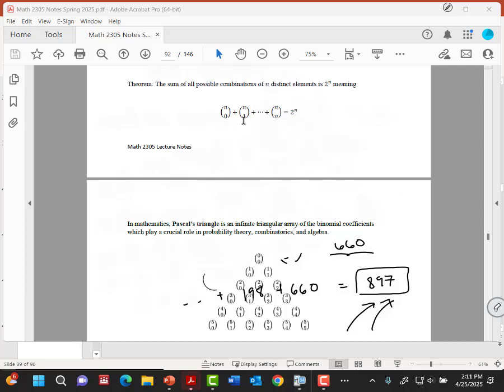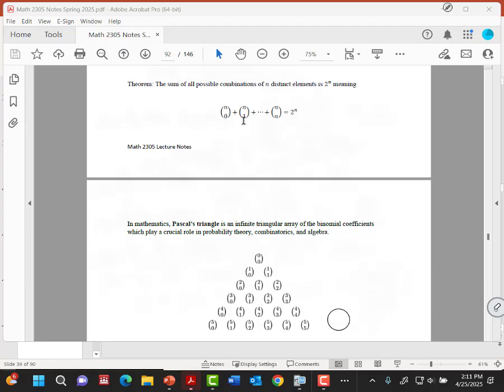So, theorem, the sum of all possible combinations of n distinct elements is 2 to the n, meaning n choose 0 plus n choose 1 plus n choose 2 all the way to n choose n equals 2 to the n.